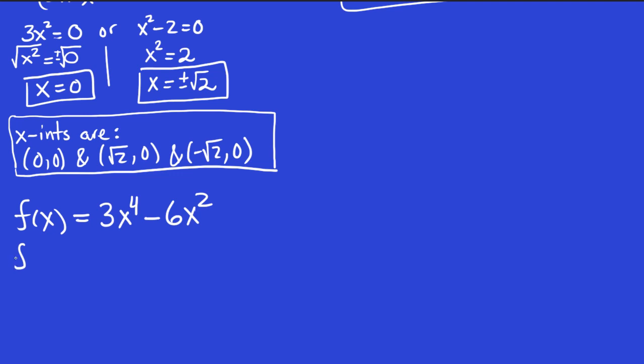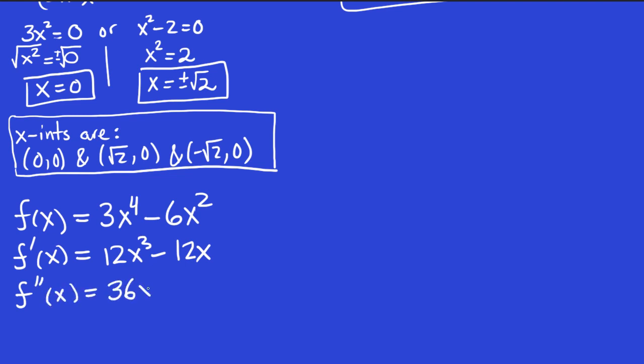What is the derivative of that? Well, it's 12x cubed minus 12x. And what's the second derivative? 3 times 12, 36x squared, minus 12 times 1 is just 12.